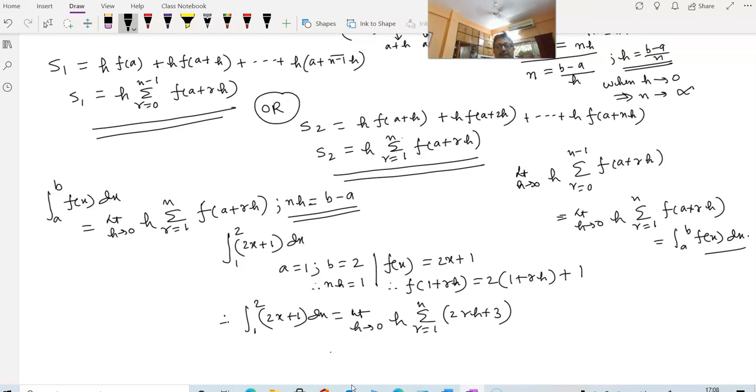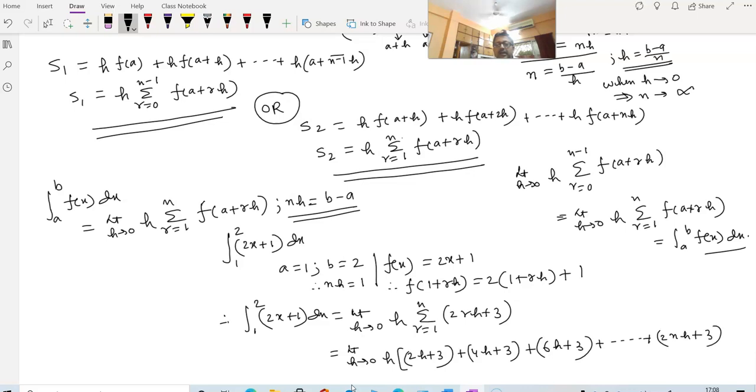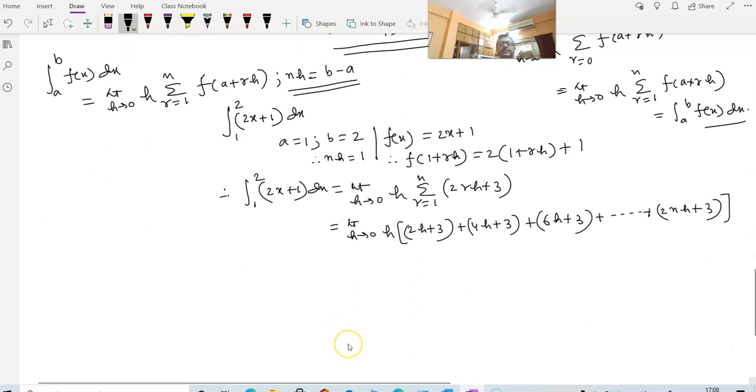And this one you can write, if you put r equal to 1, 2h plus 3, this part will be 4h plus 3, 6h plus 3, up to 2nh plus 3.